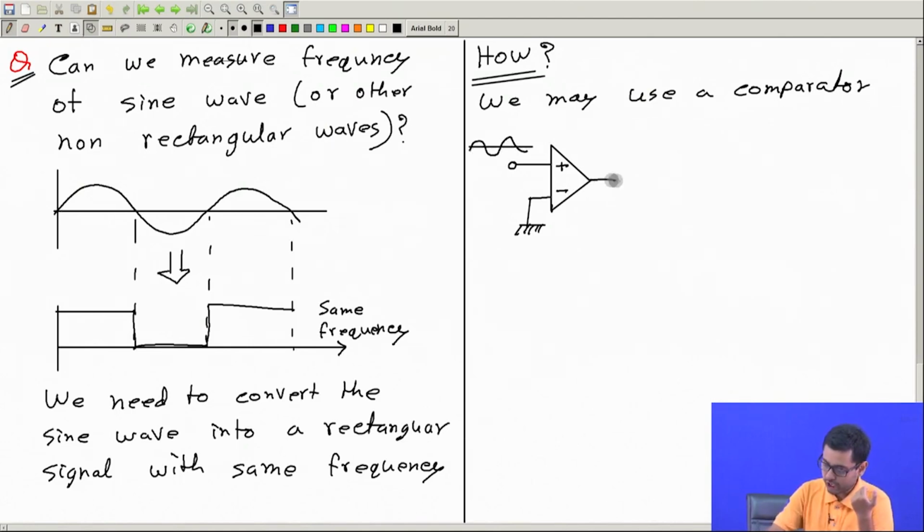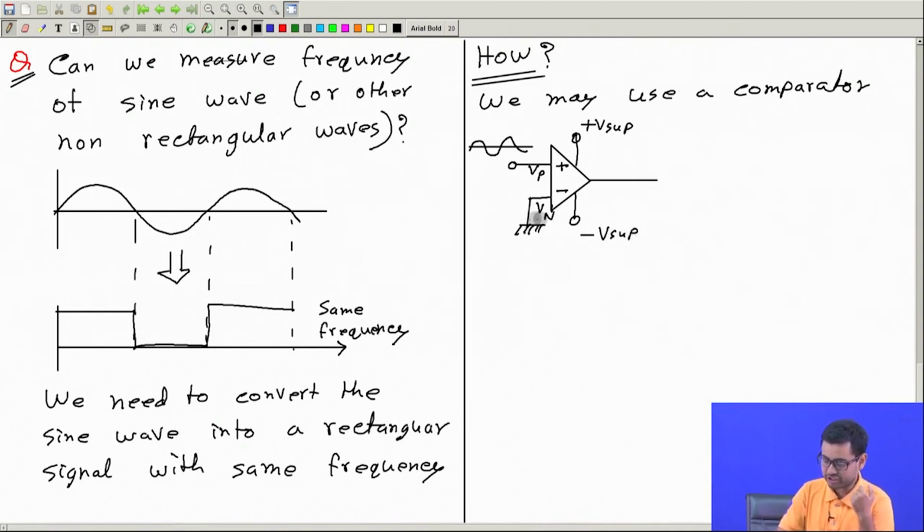Now, how will the output change? The output of an op amp depends only on the difference between these two inputs, Vp and Vn. When Vp is higher than Vn, the output is positive and equal to the positive supply, plus V supply, and if Vp is less than Vn, then the output is equal to minus V supply. This is what we know, right?